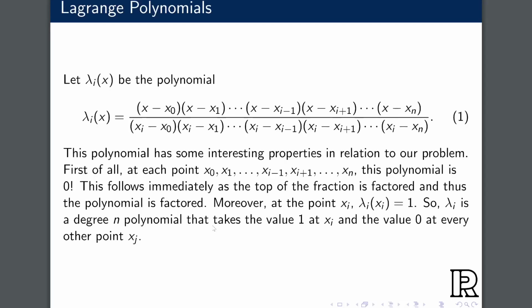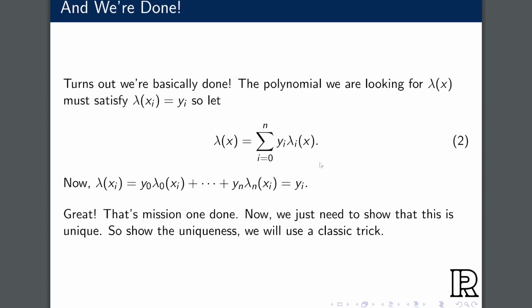And this lets us do kind of an immediate trick. Again, at all the points other than xi it's 0 and at xi it's 1. And so we basically are done. We can very easily now find a polynomial that satisfies this equation, that lambda xi equals yi, by just summing all of those lambda i's.